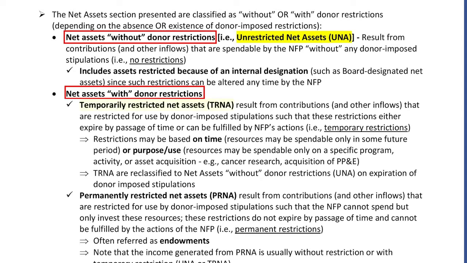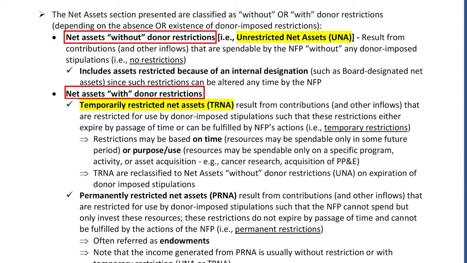Highlight temporarily restricted net assets, which have donor imposed stipulations such that these restrictions either expire by passage of time or can be fulfilled by the not-for-profit's actions. Basically, these are temporary restrictions.